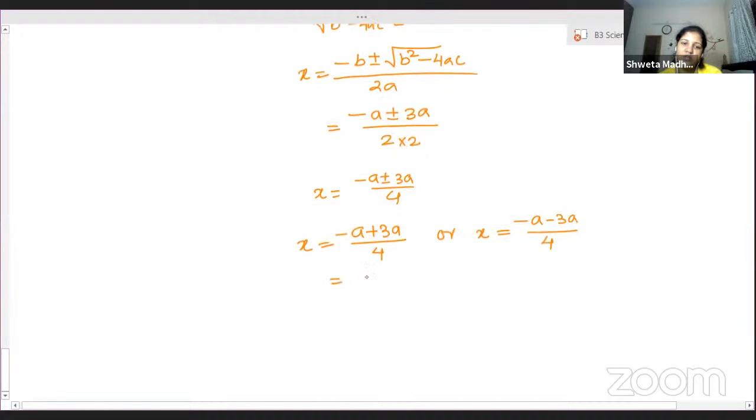So this is equal to 2a by 4, which is a by 2, or x is equal to minus 4a by 4, the 4 gets cancelled, minus a. So one value of x is a by 2, another value of x is minus a.